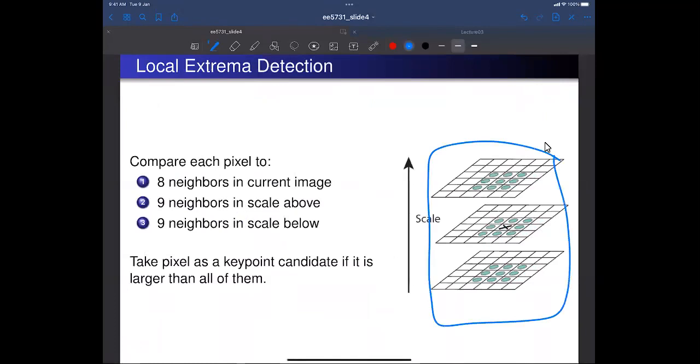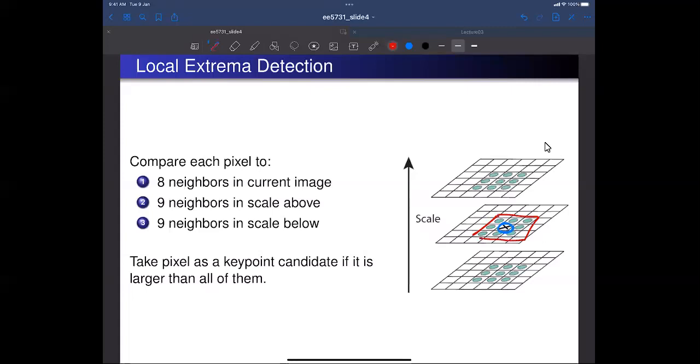An extremum is a point at an extreme. For example, this is the candidate pixel that you want to check whether it is an extremum or not. The first thing is to look at the 8 pixels surrounding that point. If it is an extremum, either the highest or the lowest, then you take it. If it's not the highest or the lowest, you just ignore it.